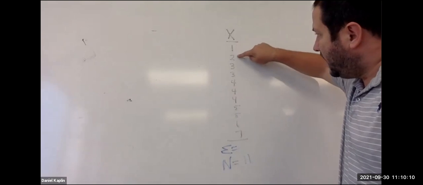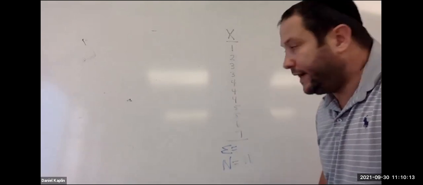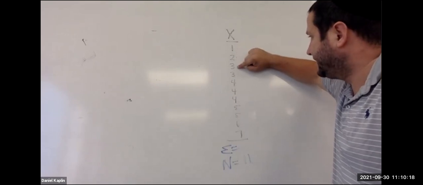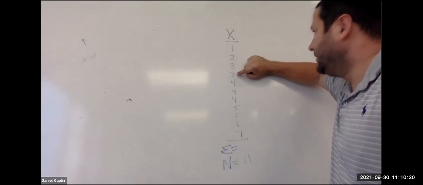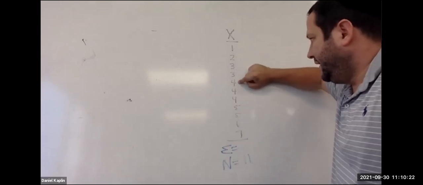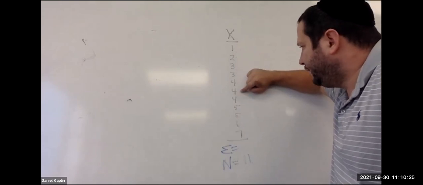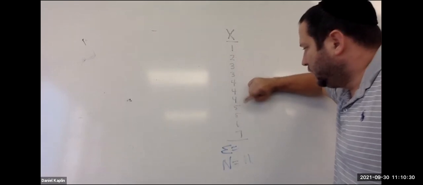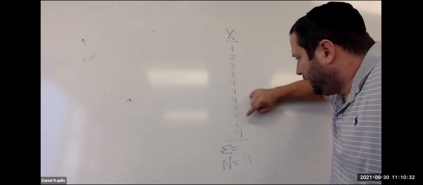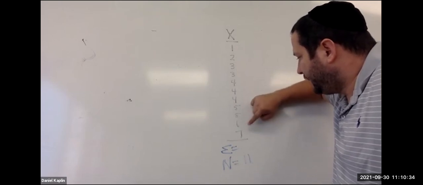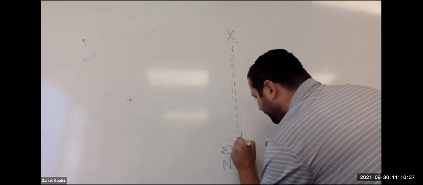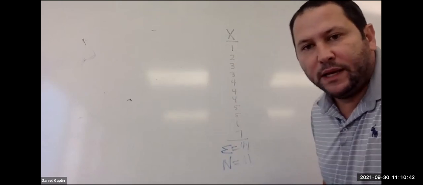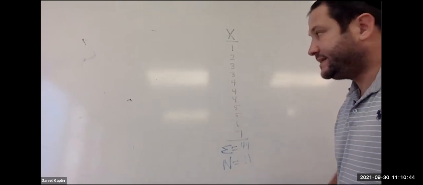And now I'm going to add up this column, right? So 1 plus 2 is 3, 3 plus 3 is 6, 6 plus 3 is 9, 9 plus 4 is 13, 13 plus 4 is 17, 17 plus 4 is 21, 26, 31, 37, 44. Great. So I wrote the sum of the column is 44 and n is 11.